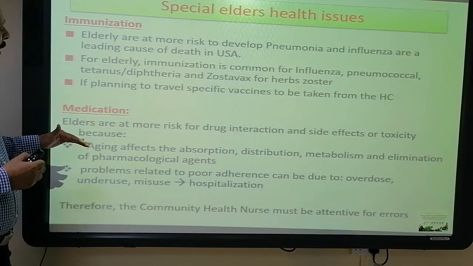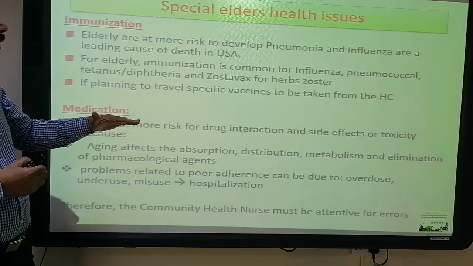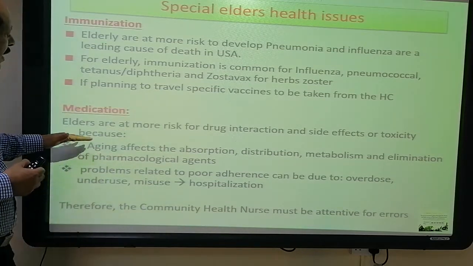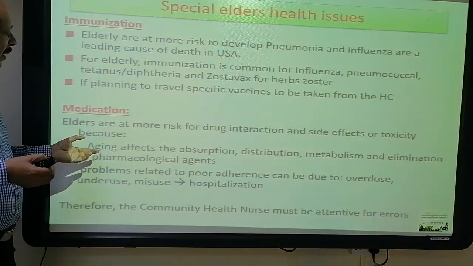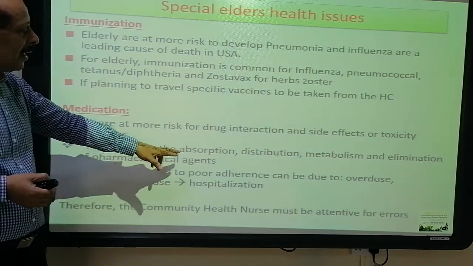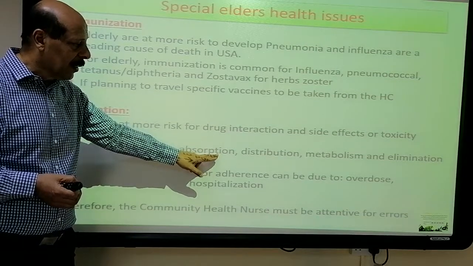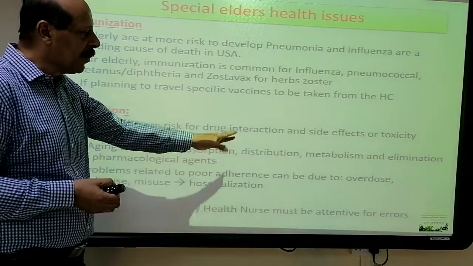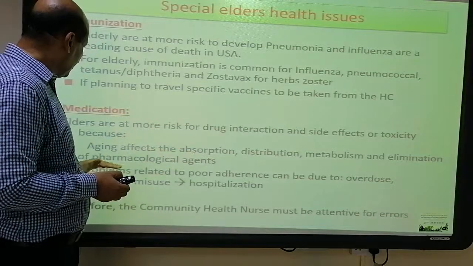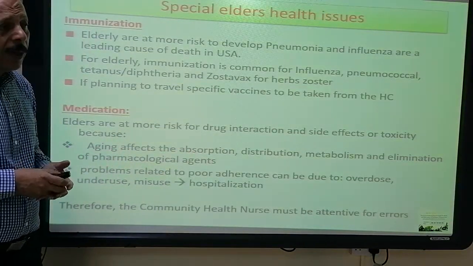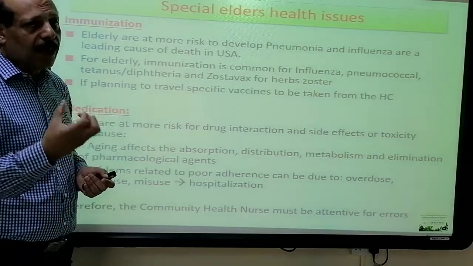The medication, older adults are at more risk for drug interaction and side effect of toxicity, because as we said, aging affects the absorption of the medication. Also the distribution and metabolism and elimination of the pharmacological action. So it might get a cumulative effect also.